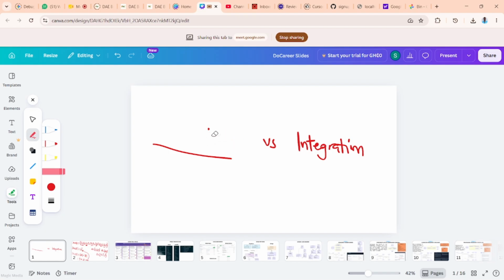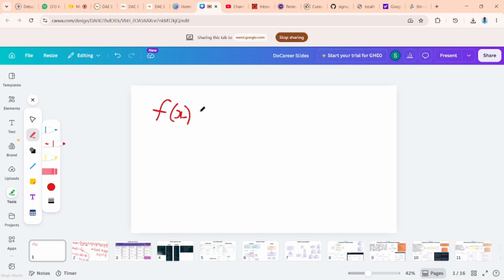So if you take a function, we have 2x minus 4.